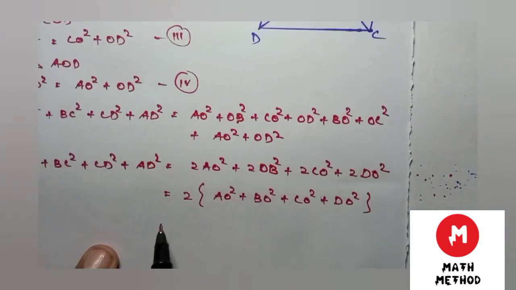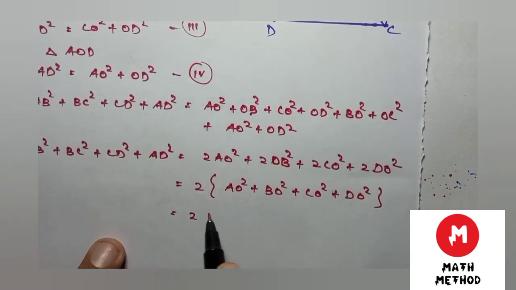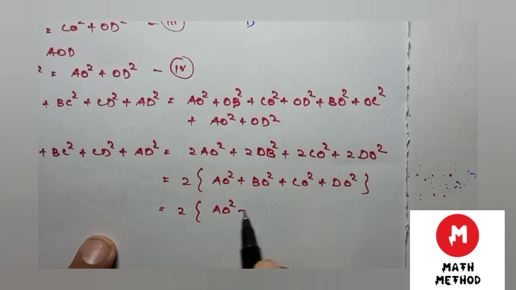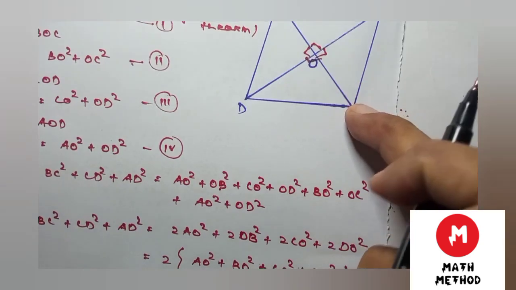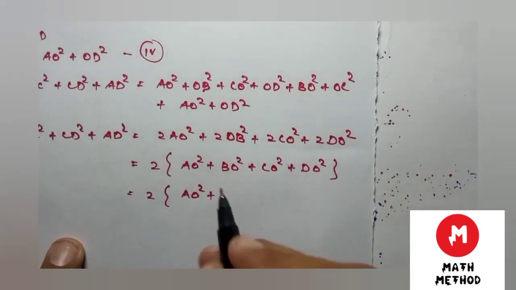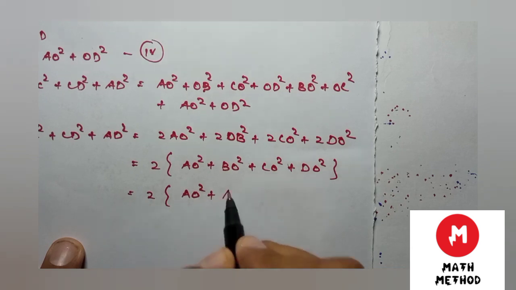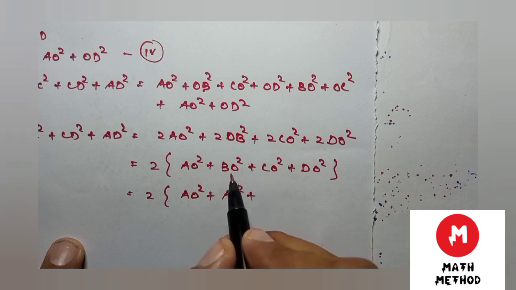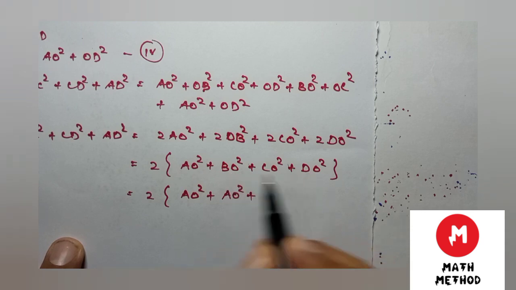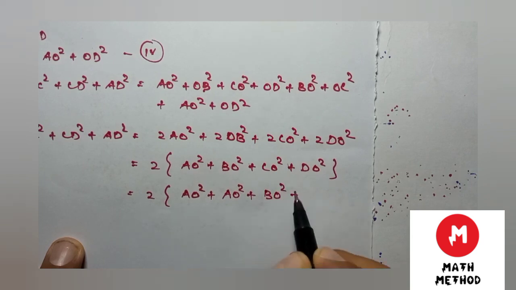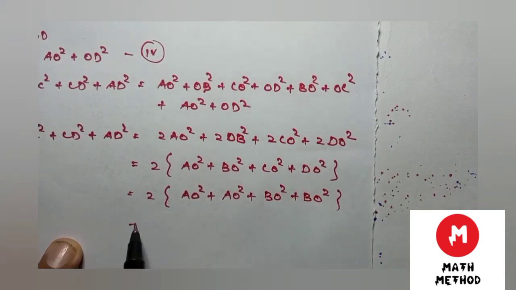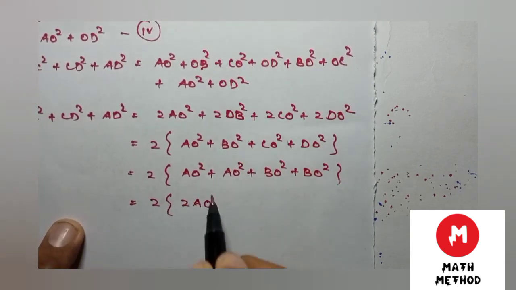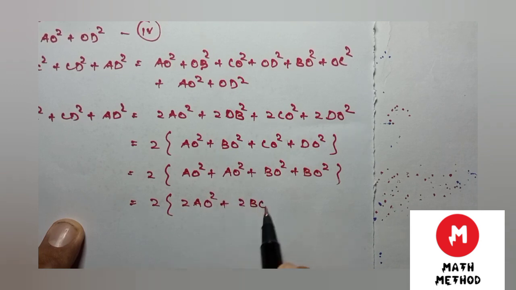So this is 2 into AO square plus AO square, plus BO square plus BO square, which is 2 into 2AO square plus 2BO square.